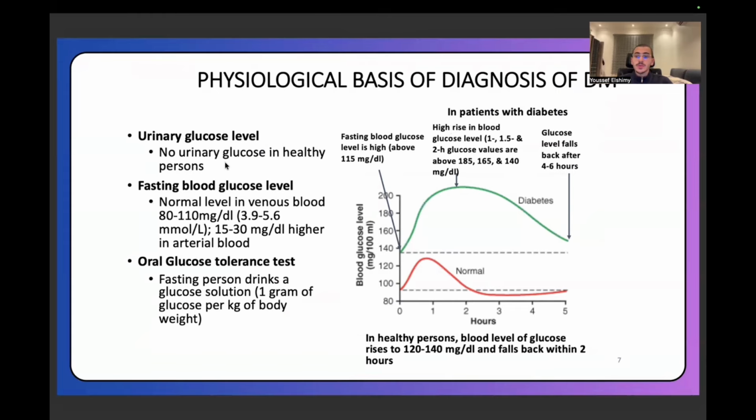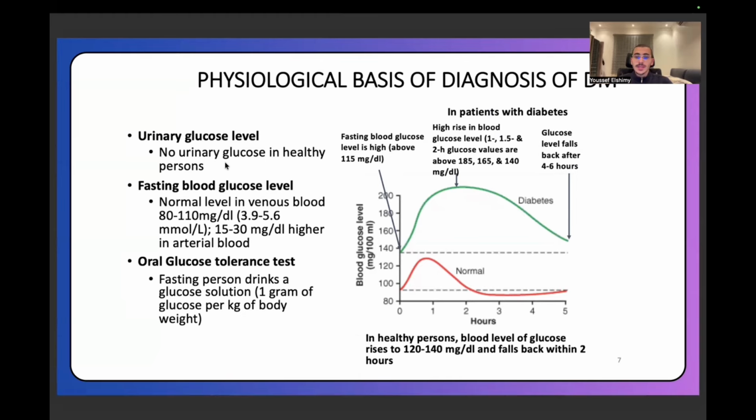Normally there should be no glucose in our urine because the kidney has the facility of reabsorbing all glucose in the blood back. But in diabetes, because they have an extremely high level of glucose, the transporters in the kidney are limited.